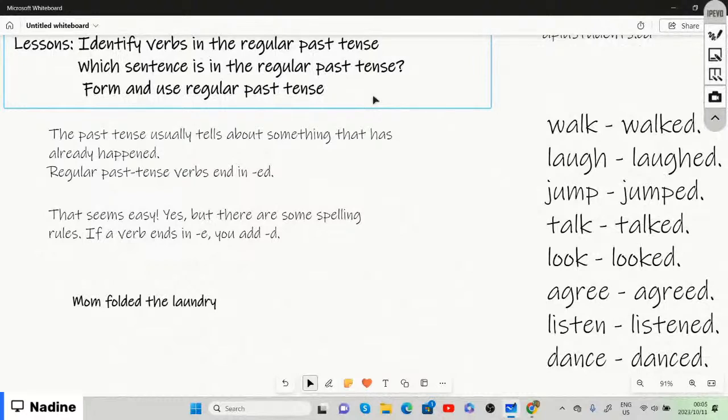But if a verb ends in e, so if your verb ends in e, then the only thing you do is add a d, because you can't add an e on top of the e that your word ends in.